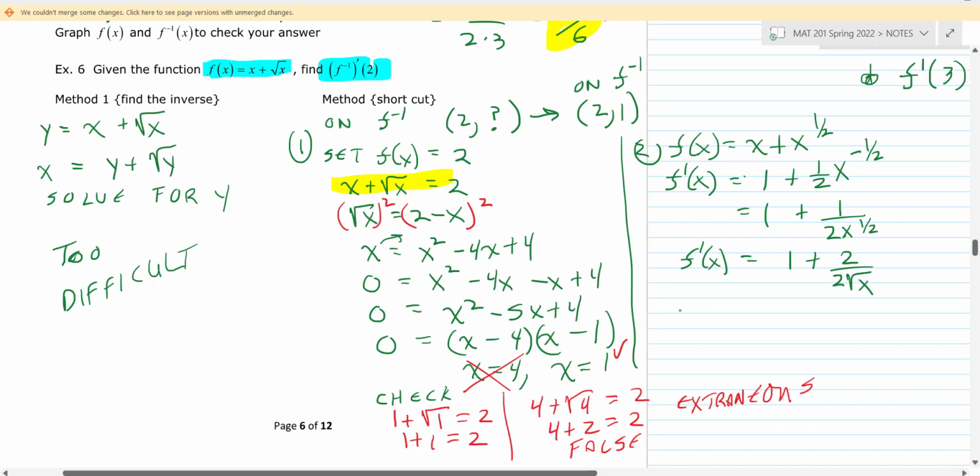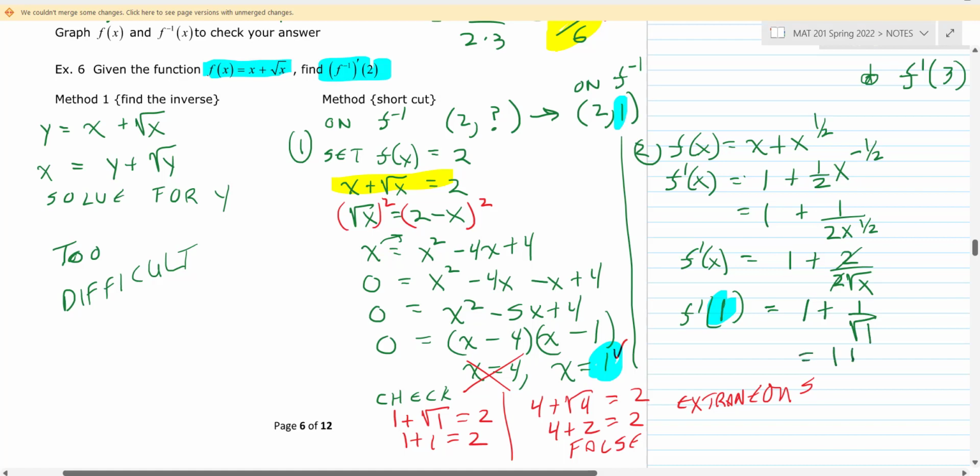Now what we need to do is evaluate the derivative, not at 2, but at 1. That's the key thing. So we're going to evaluate this derivative at 1. So what we have is 1 plus, see those 2's cross out there, so you have 1 over square root of 1.